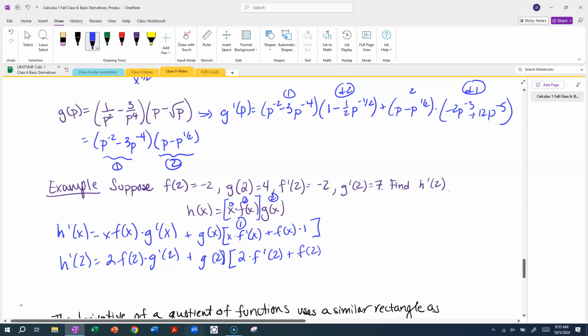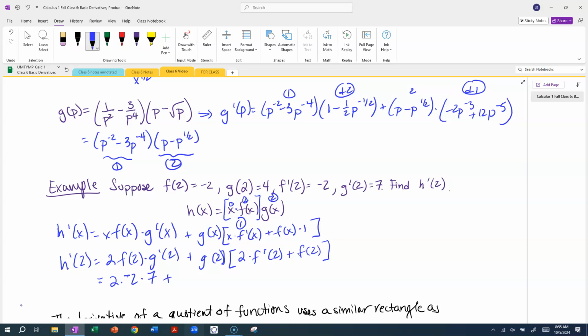All right, and I get 2 times, let's see, f of 2 is minus 2. g prime of 2 is 7 plus, did I do that right? No, I'm sorry, now I'm doubting myself. Yeah, yep.